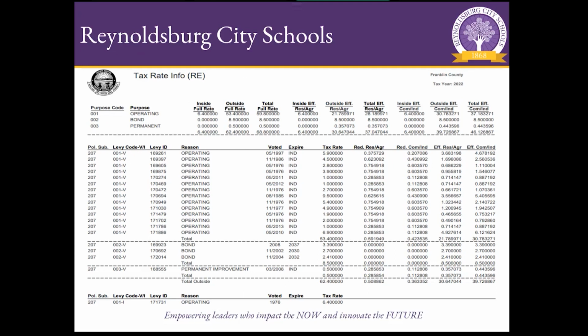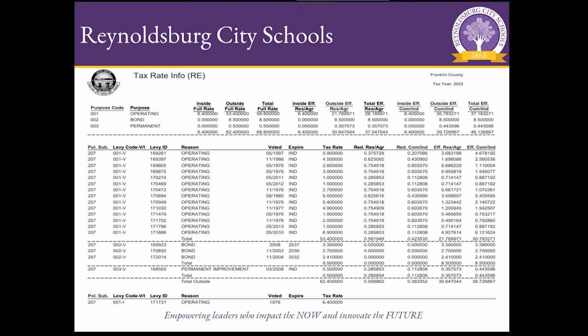And as you can see here, the district's effective rate on residential and agricultural property in the Reynoldsburg taxing district is collectively 21.79 mils, if you round it up. And then it was originally voted 53.4 mils in total.